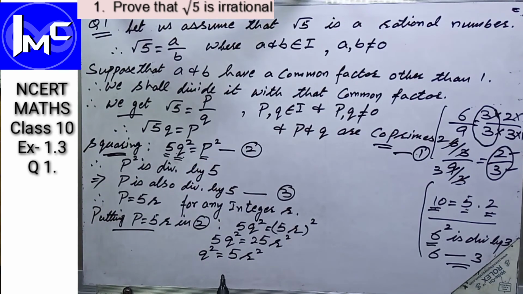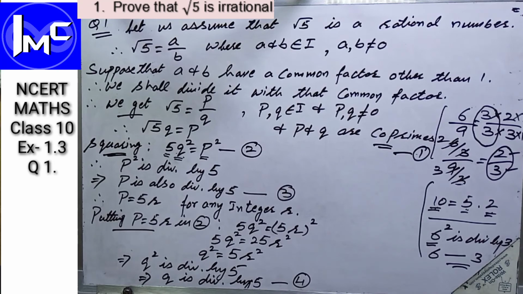Now I shall use, that implies q square is divisible by 5, and so q is divisible by 5 by using same criteria, and this number be taken as 4.